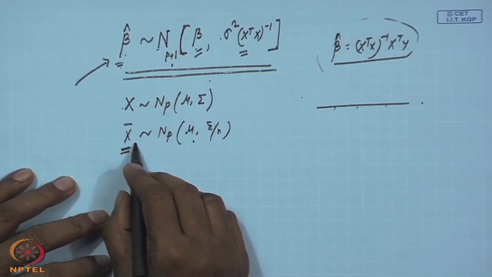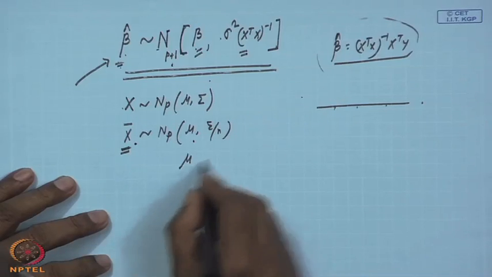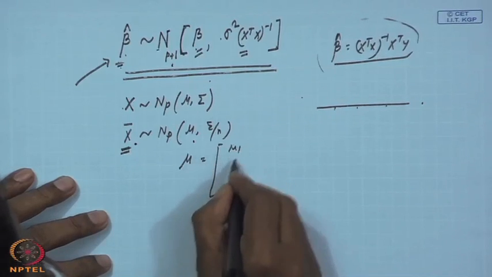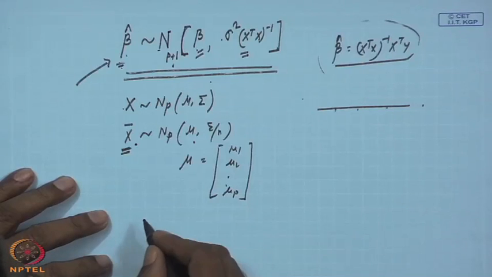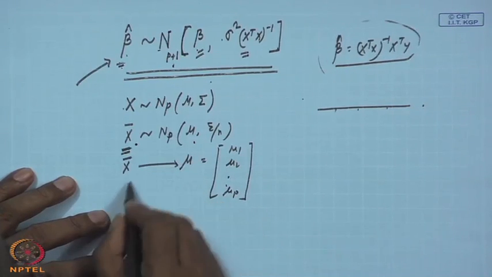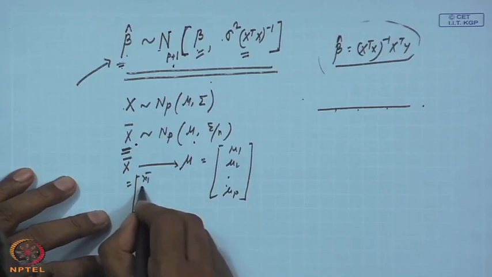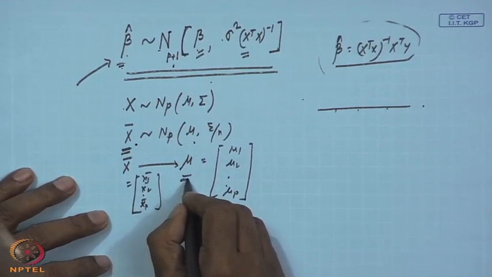Can you remember the confidence region for mu, where mu equals mu 1, mu 2 to mu p, that we discussed earlier? With the help of x bar, where x bar is x 1 bar, x 2 bar, like x p bar, we found this confidence region of mu.